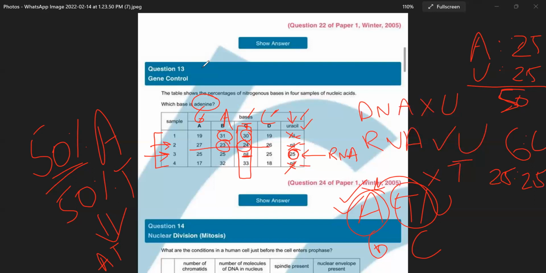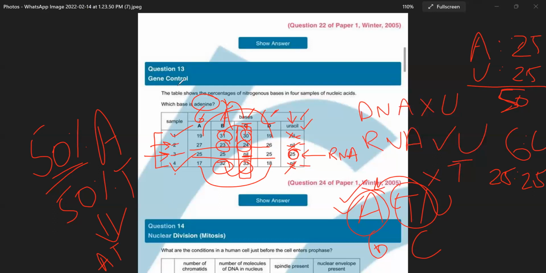These are just to confuse you, just like number 3. Then I'll go to number 4 and see if my conclusion is correct. Again, in number 4, if this is 33, then the next one close to it is 32, which means according to number 1 and number 4, my answer should be B. Because see, these are matching up and these are matching up. They're equal to each other, which means they are base pairing with each other. Even if 2 and 3 don't match, 1 and 4 do.